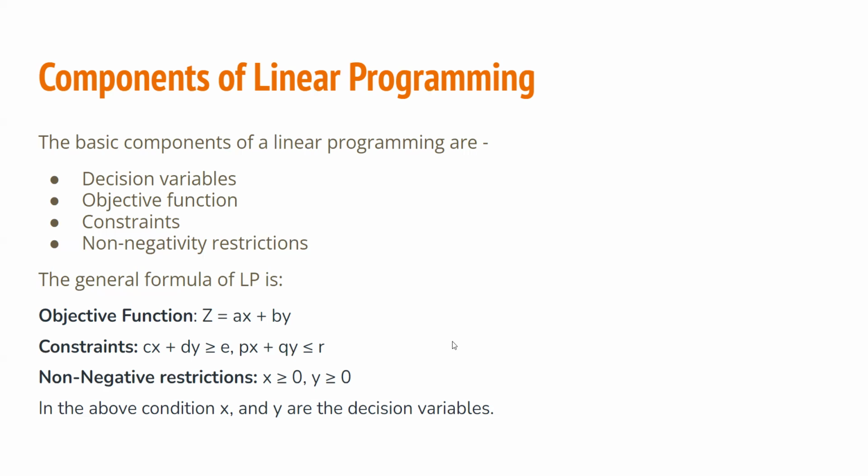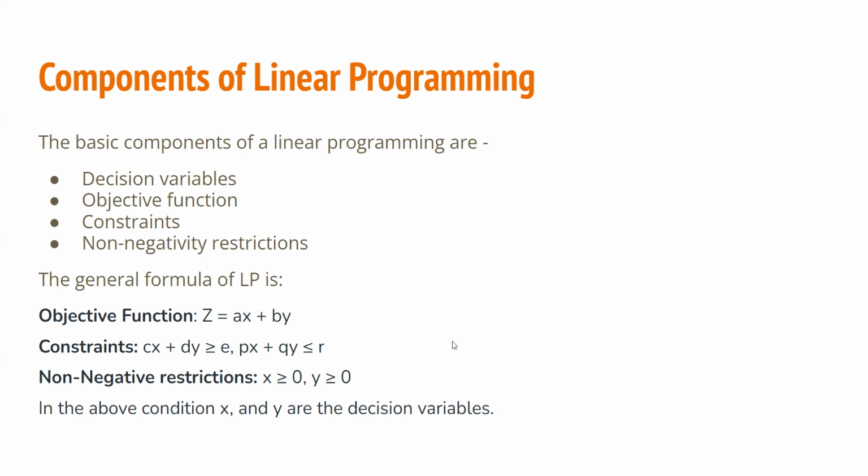It is always considered that there will be a linear relationship between the end result and the given decision variables. So the objective function will be written as Z equal to ax plus by in this form. There can be multiple decision variables, and their individual coefficients are also given within any linear programming problem.